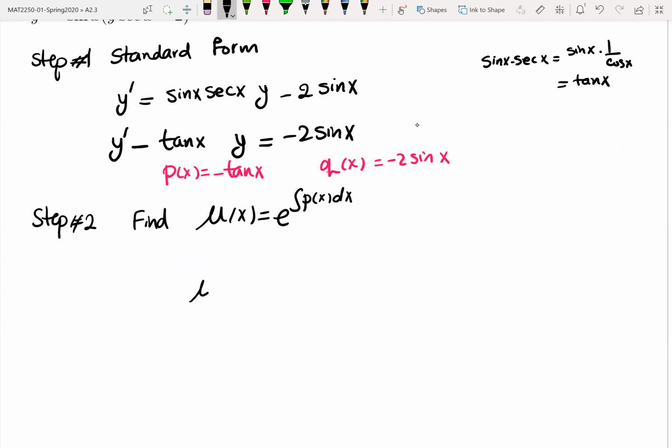So then I have mu of x, and what is the integration of the tangent?